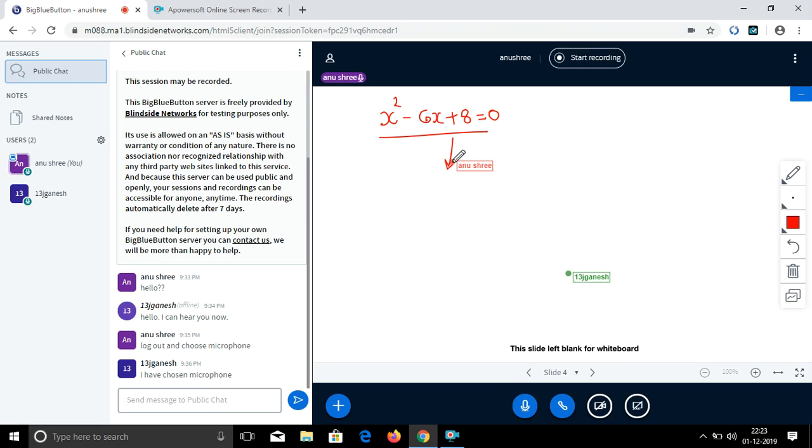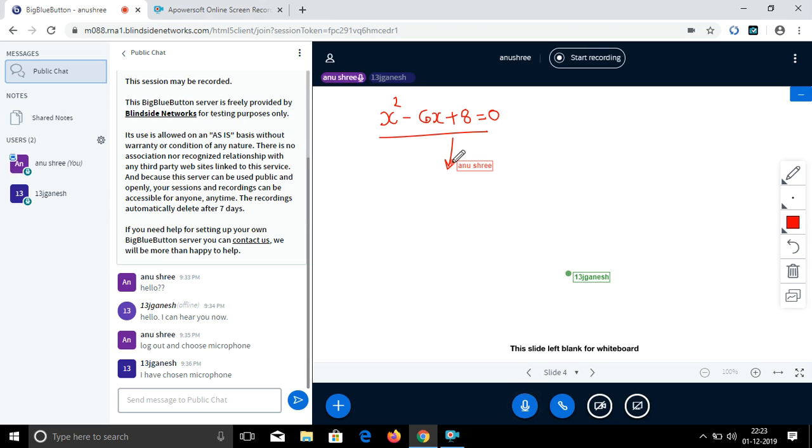So first tell me, do you know how to factorize a quadratic equation? Yeah. Okay, so tell me. For this equation, is it the one on the screen right now? Yes. Okay, so you have two brackets. In one bracket it would be x minus 4, and in the other one x minus 2.